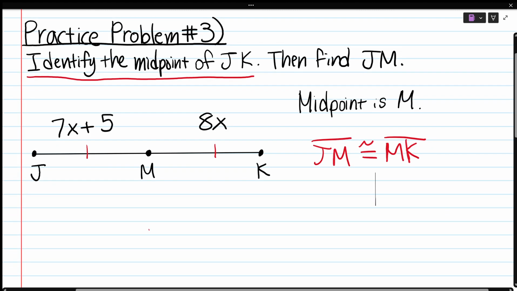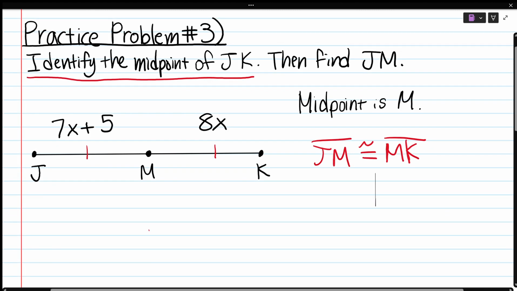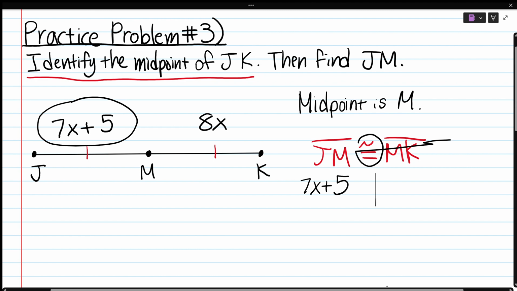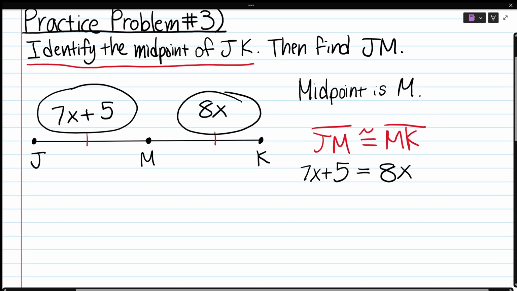It's true, right? So now let's plug in our values. We know JM is 7x plus 5. Remember, congruent is the same thing as equals, so equals MK is 8x, so equals 8x. Let's go ahead and solve for x.